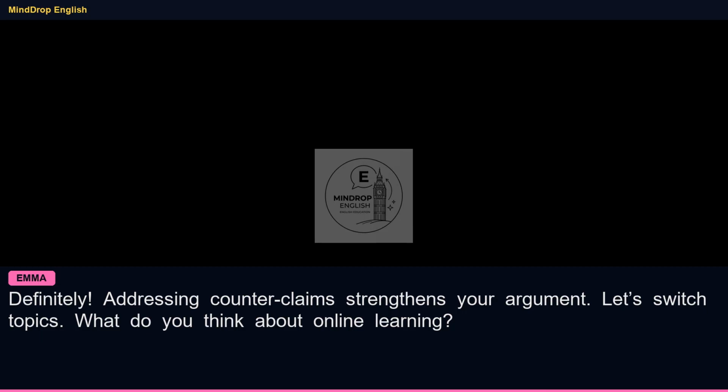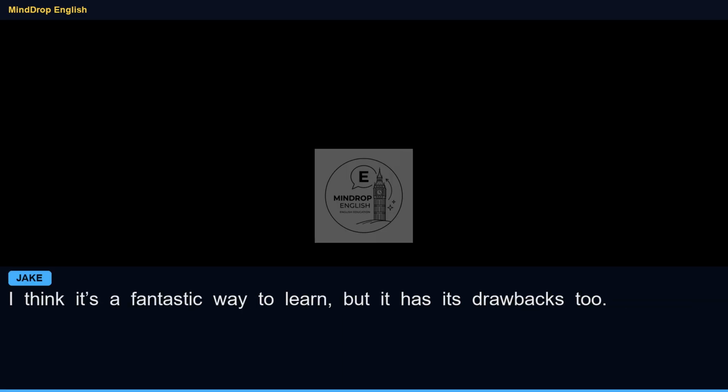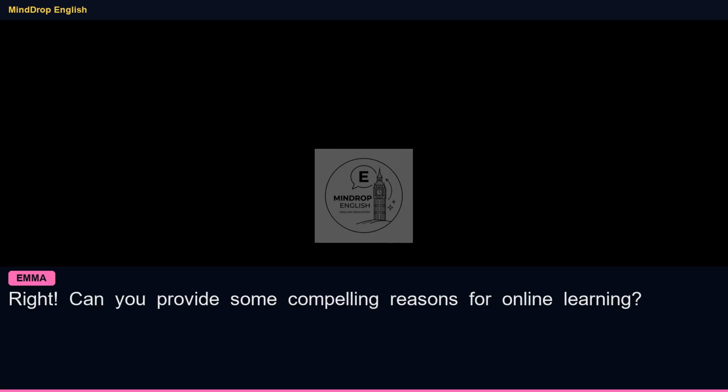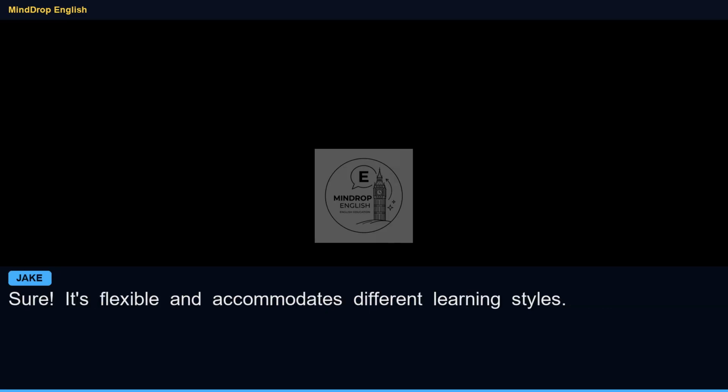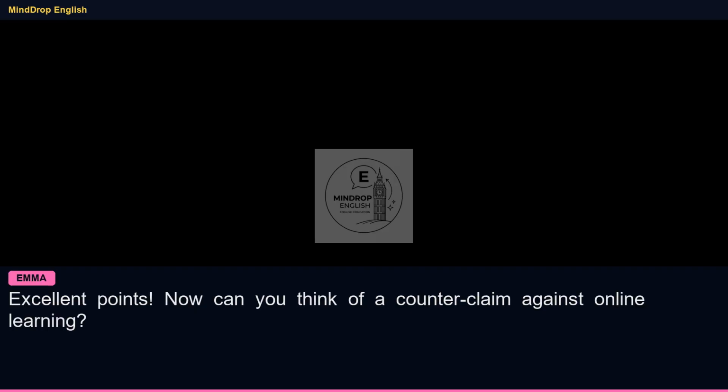Let's switch topics. What do you think about online learning? I think it's a fantastic way to learn, but it has its drawbacks too. Right. Can you provide some compelling reasons for online learning? Sure. It's flexible and accommodates different learning styles. Excellent points. Now can you think of a counterclaim against online learning?